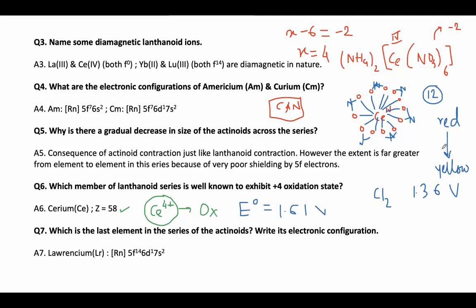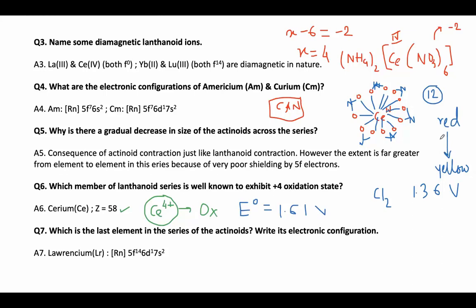So this 1 electron oxidation action of ceric ammonium nitrate is detected by the instant change from orange red to pale yellow, provided that the substrate and the product are not strongly colored.